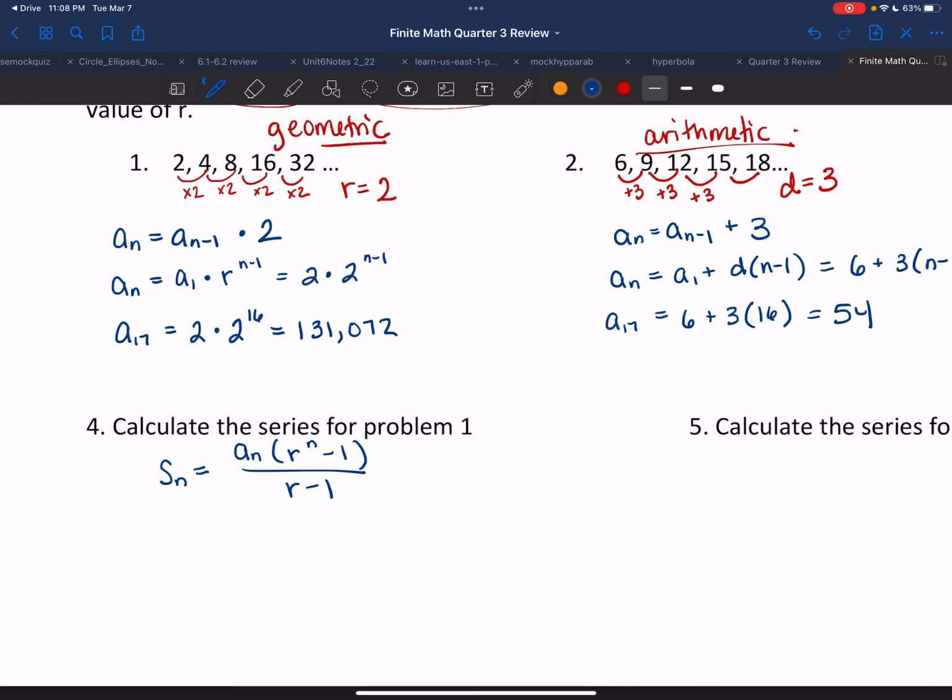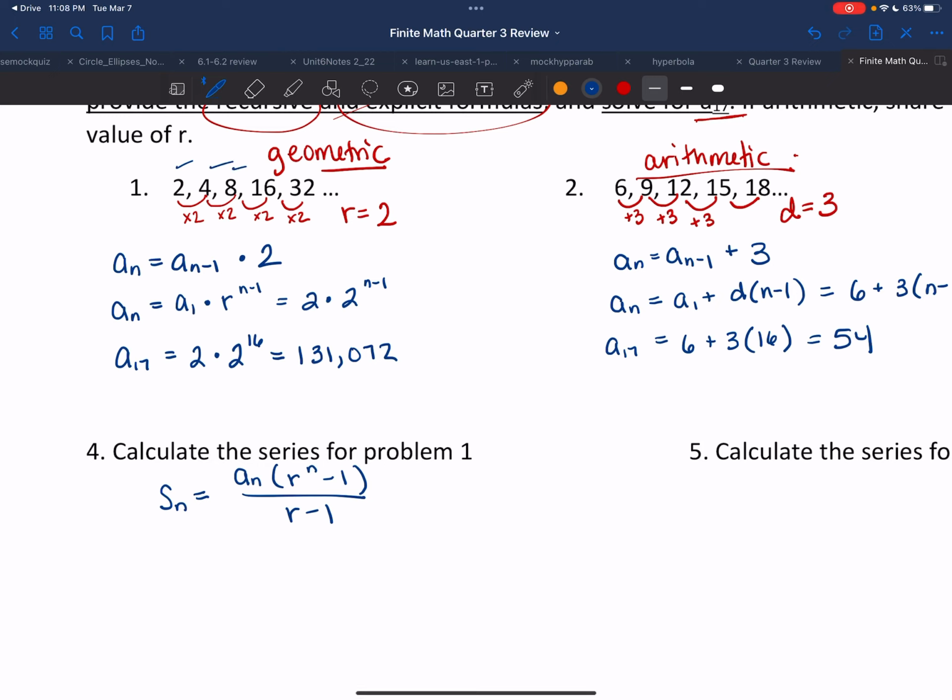And in this particular series, do you see how I have 1, 2, 3, 4, 5? I'm going to use S5 because it says to calculate the series. So S5 is going to be equal to 2 times 2 to the 5th minus 1 over 2 minus 1. So that's going to be equal to 2 times 32 minus 1 over 1. So that's going to give us a value of 62.